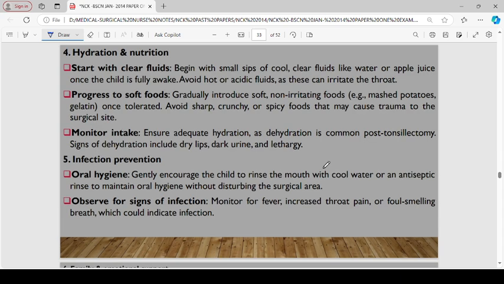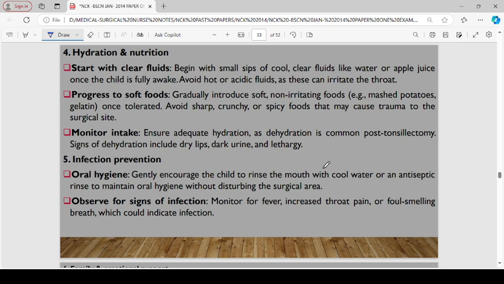You hydrate the child, beginning with small sips of cool, clear fluids like water or apple juice once the child is fully awake. Then you avoid hot or acidic fluids, as these can irritate the throat. You can gradually introduce soft, non-irritating foods, e.g. mashed potatoes and gelatin, once tolerated.